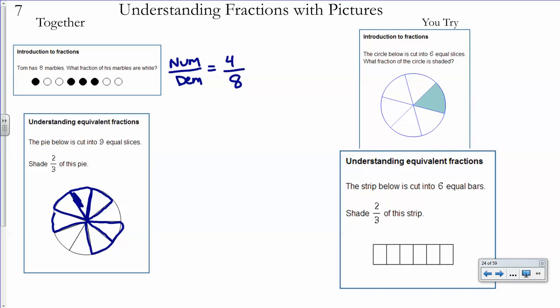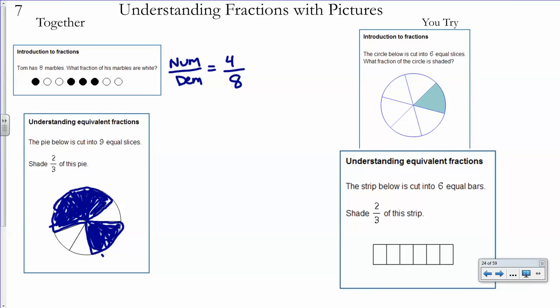So total, if I have 2/3, so again I have 2 slices out of 3. I have 2 slices out of 3, and I have 2 slices over here that are shaded in out of 3.